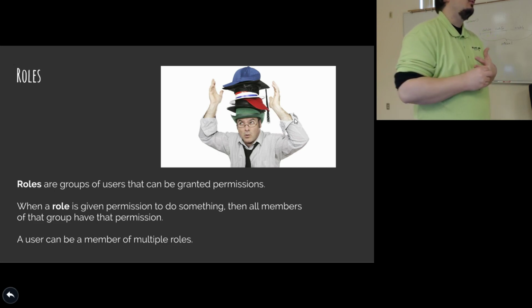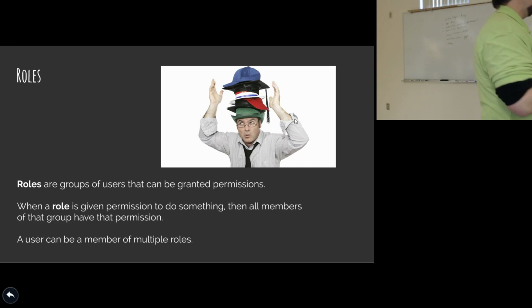And a typical rule in there is that any user can have more than one role. So you can have an overlap. If you have role A and B, anything that A can do, you can do. Anything that B can do, you can do. You get both. Does that make sense? So you can kind of wear a bunch of hats. Every hat gives you a different set of permissions.